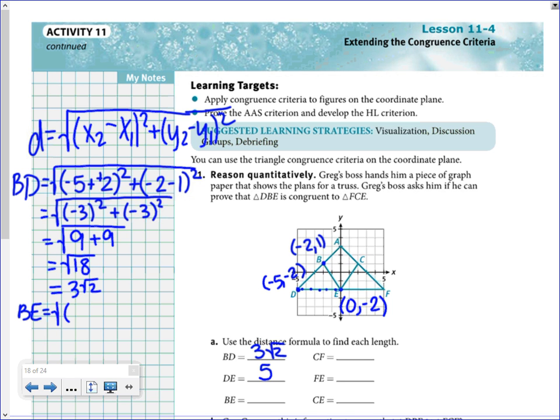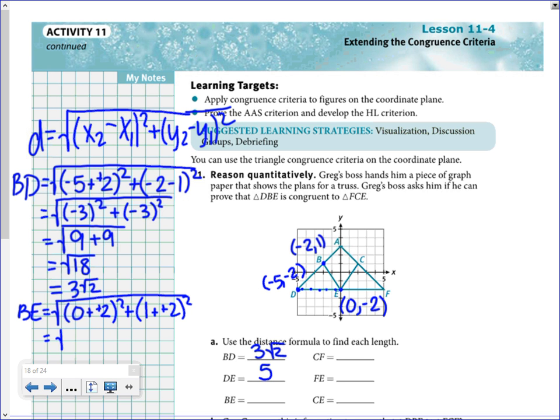So our x values are -2 and 0. 0 minus -2 squared, and then 1 minus -2 squared. Remember, you can switch the order. It doesn't matter which one comes first. You could do x2 minus x1 and y1 minus y2, or vice versa.